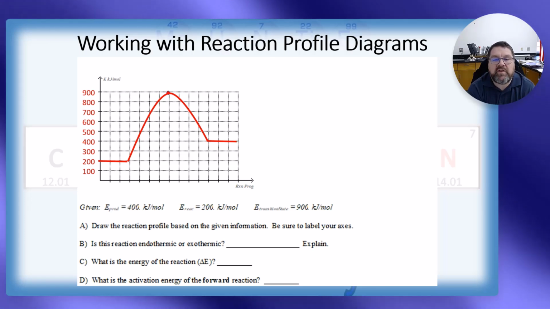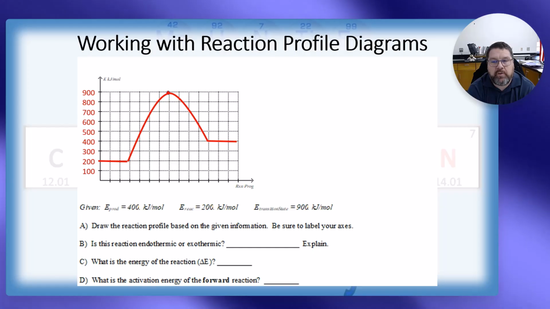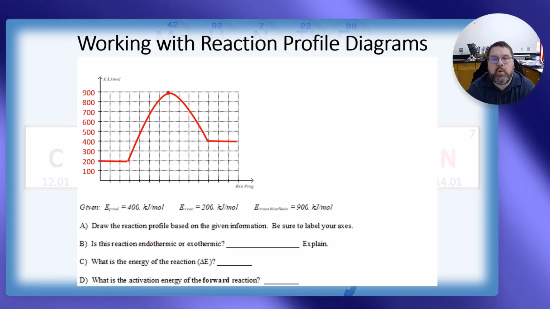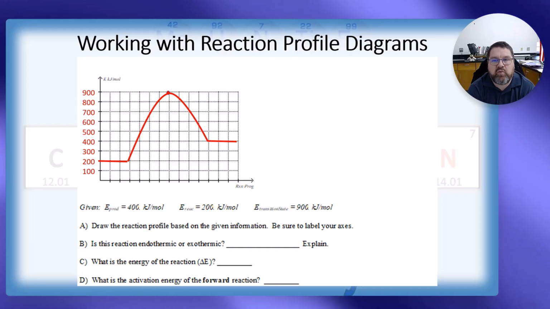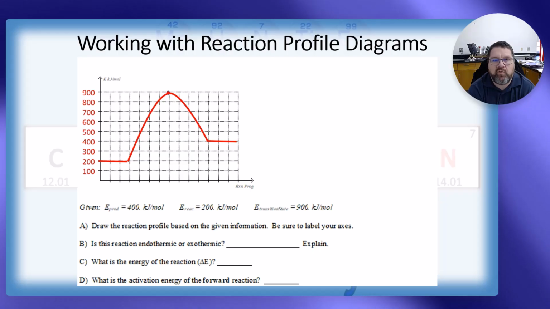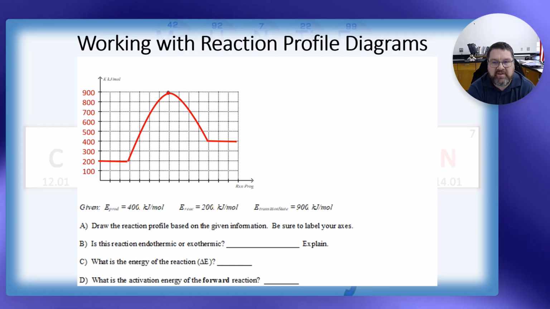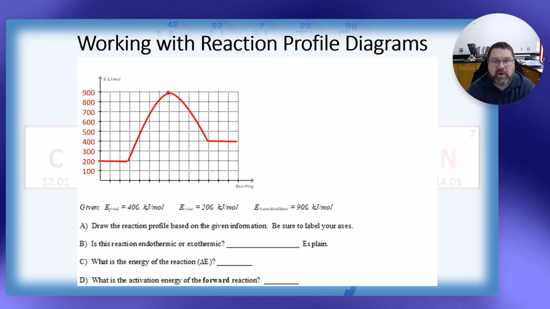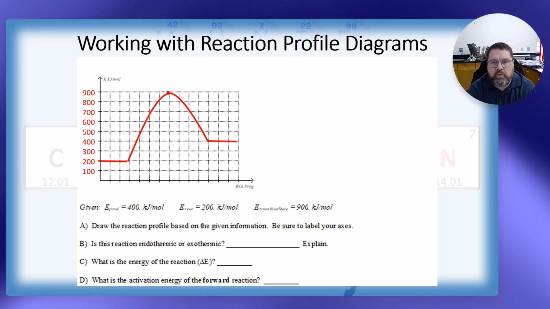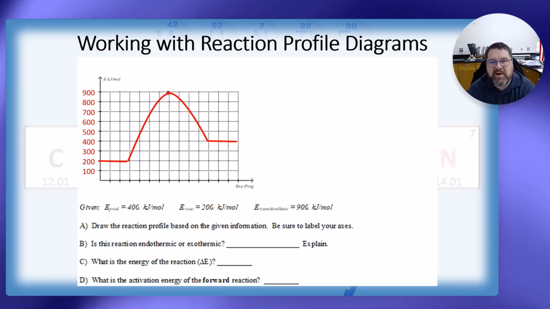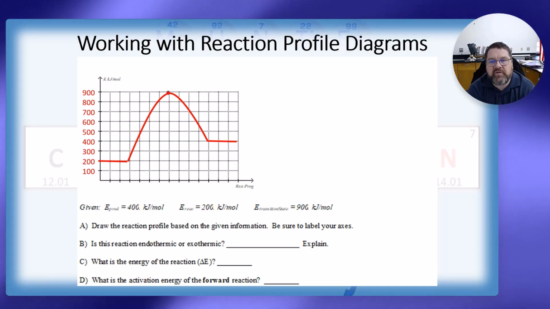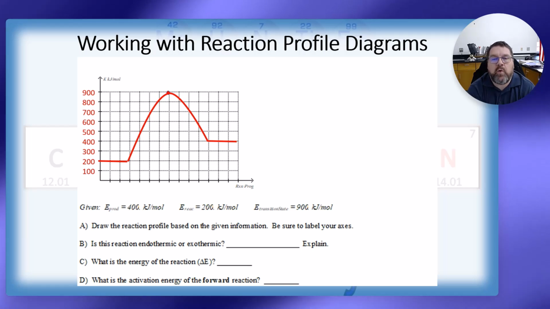Second question, part B, is this reaction endothermic or exothermic? And then explain. Well, if we take a look, we see that the product energy on the right at 400 kilojoules per mole is higher than the reactant energy at 200 kilojoules per mole. So again, for endothermic versus exothermic, we look at delta E, not E sub A. Delta E is products minus reactant energy, and so that's going to be 400 minus 200.